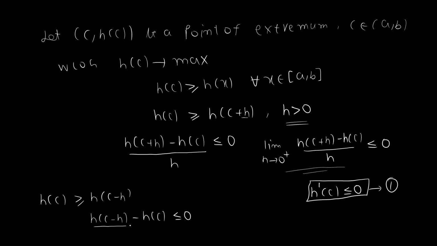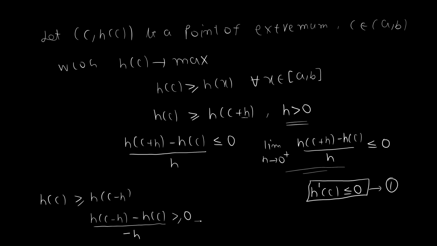This time I'll be dividing by minus h. Since h is greater than 0, minus h will definitely be a negative quantity. Now if I multiply or divide by a negative quantity on both sides, the inequality sign must shift to the other side. It will be greater than or equal to 0.